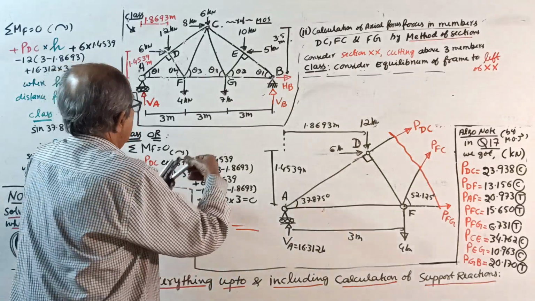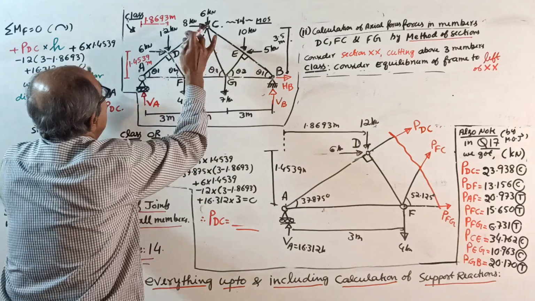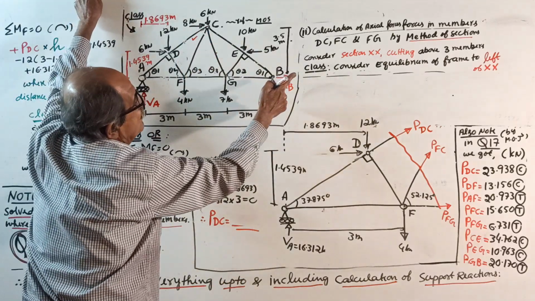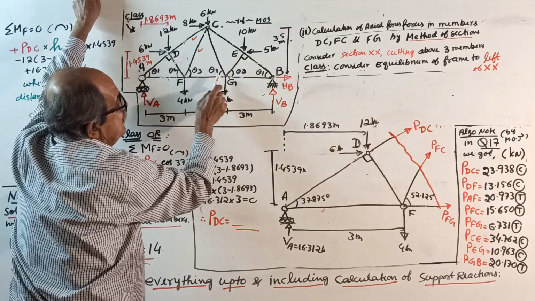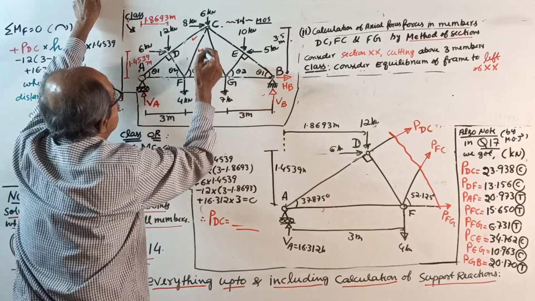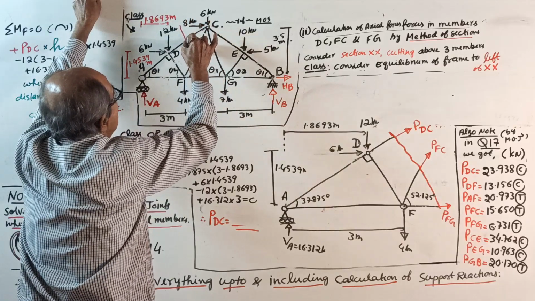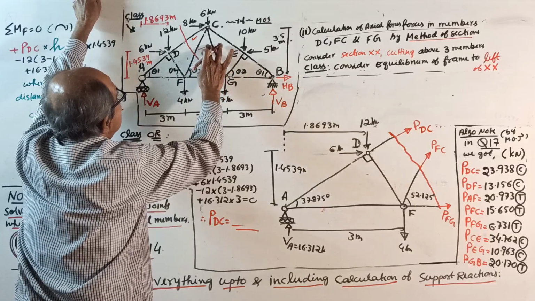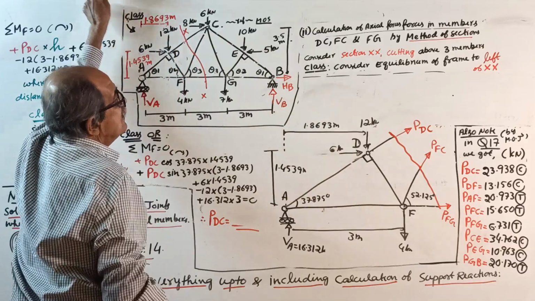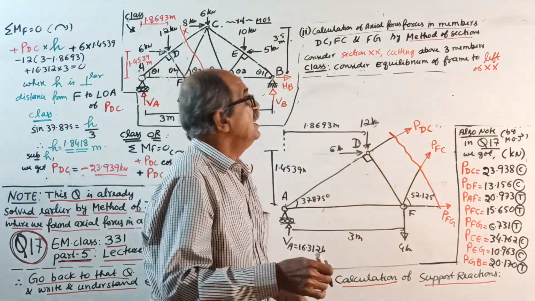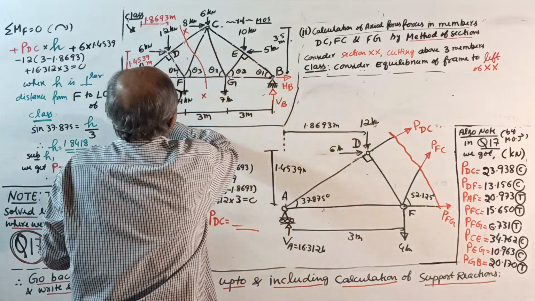Now see here. DC, this member. Then FC, where is FC? Here, this member. And FG, this member. So, cut XX. Consider equilibrium, now: left side better or right side better?